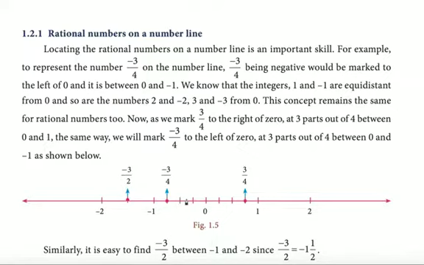So we are making 4 divisions from 0 to minus 1: 1, 2, 3, 4. So the third division is minus 3 by 4.